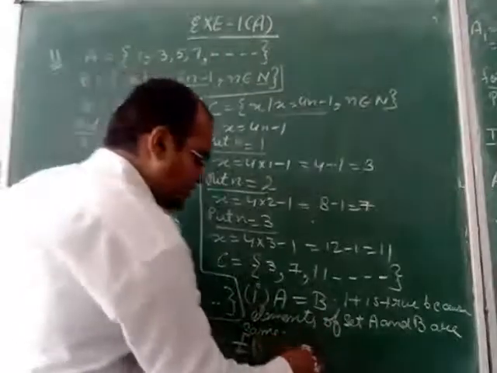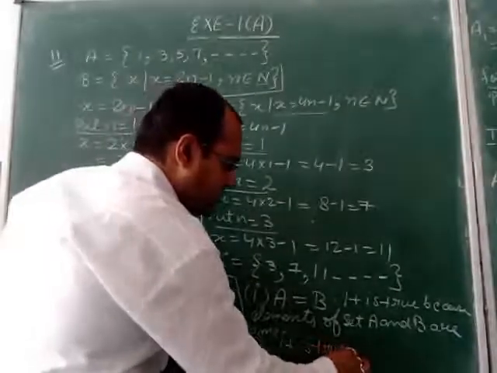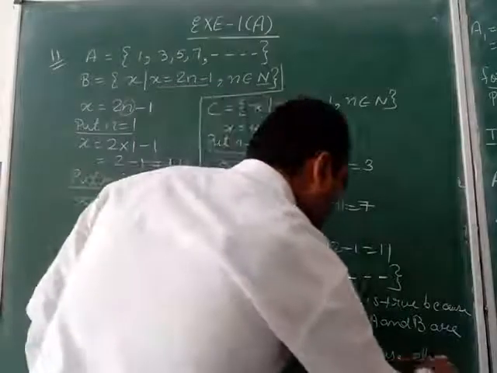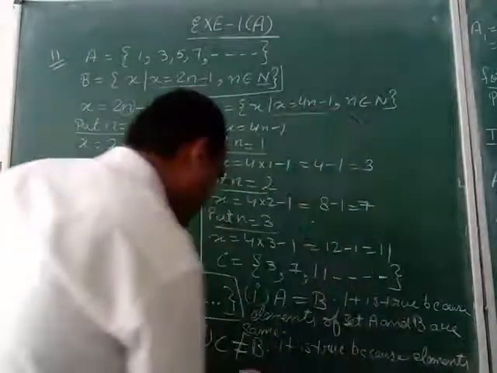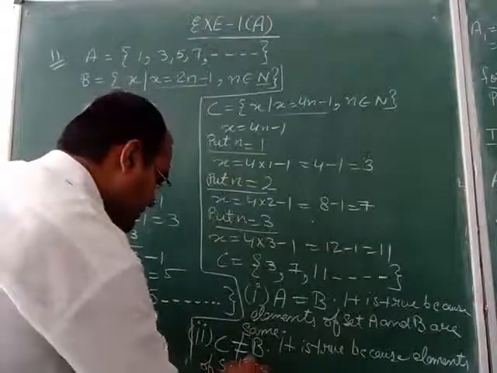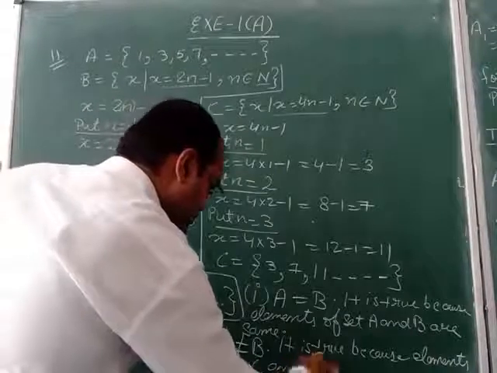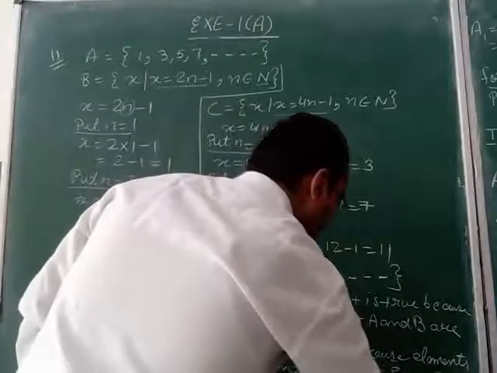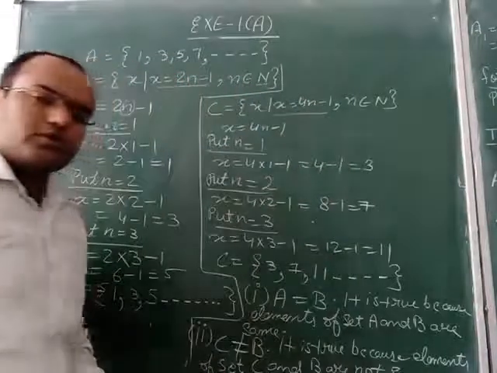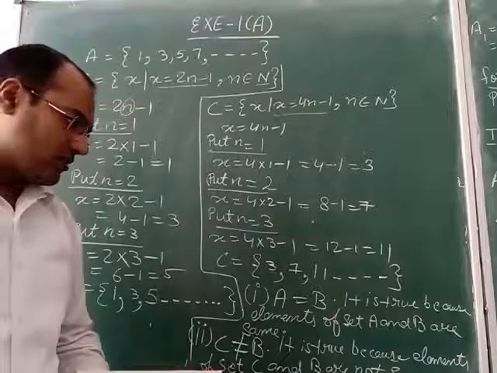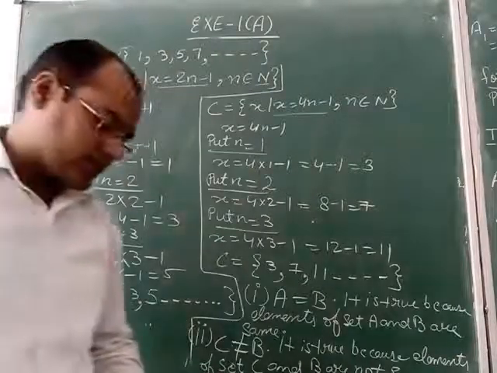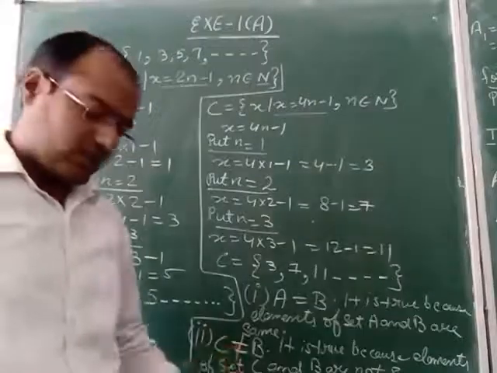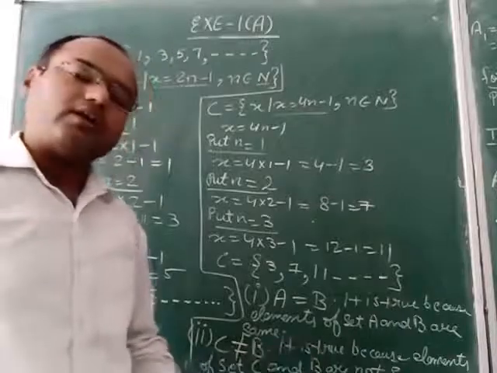This statement is true because elements of set C and B are not same. So this is your final answer. Both the answers are true, because the elements in both the sets are not same here. Okay. So this is your question number 11.